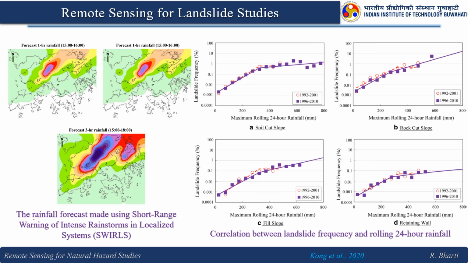2020. And here the rainfall forecast was made using the short-range warning of intense rainstorm in localized systems. Here this is at 1 hour, right. This is 3 to 4 p.m. This is 3 to 6 p.m. And here they have also generated the correlation between landslide frequency and rolling 24-hour rainfall data.